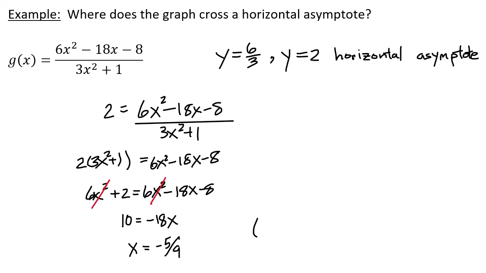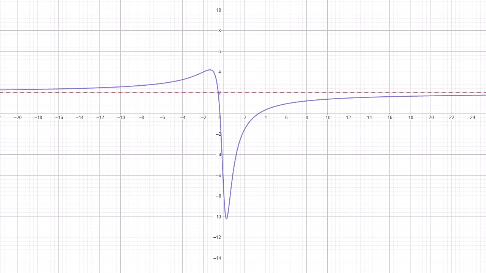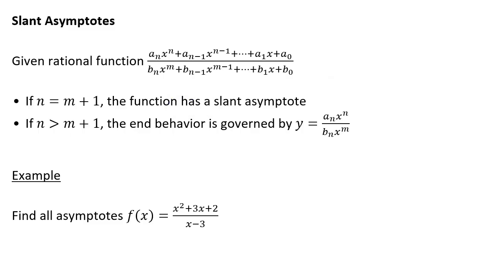So the point where it crosses the axis will be x is minus 5/9 and y is 2. So here's my graph. The horizontal asymptote is the line y equals 2, and the graph crosses at the point minus 5/9, 2.